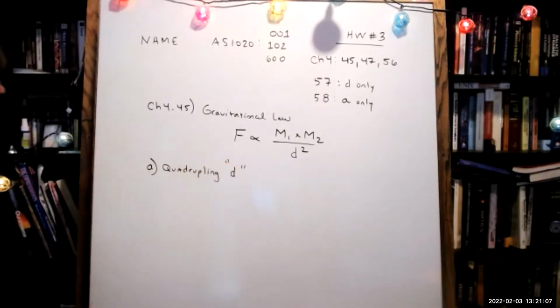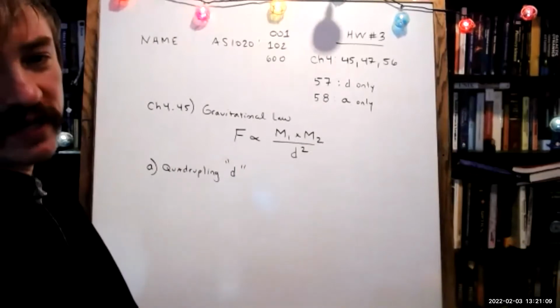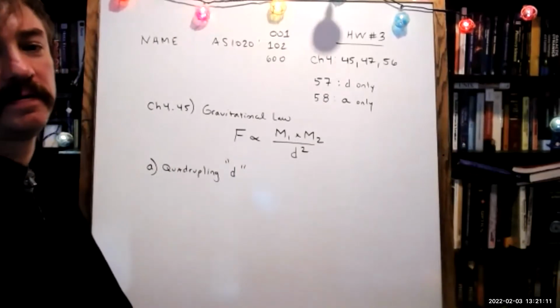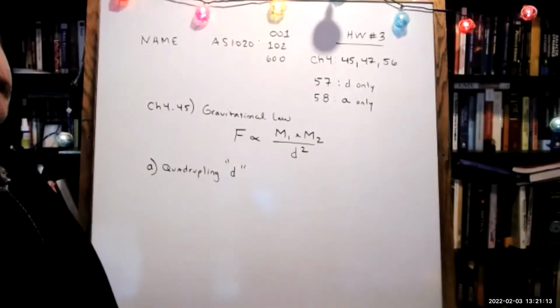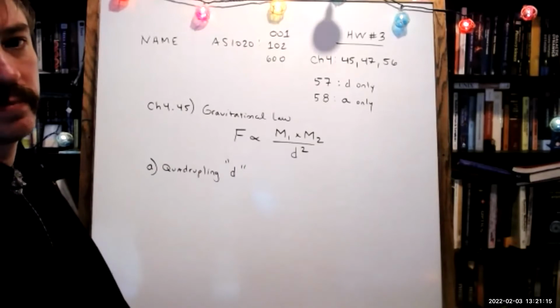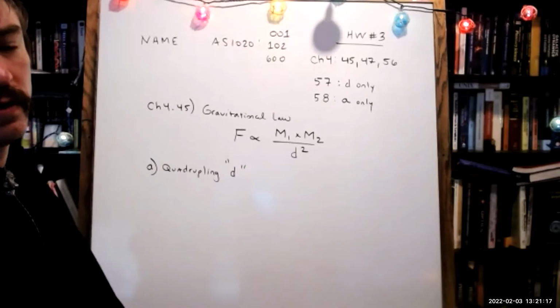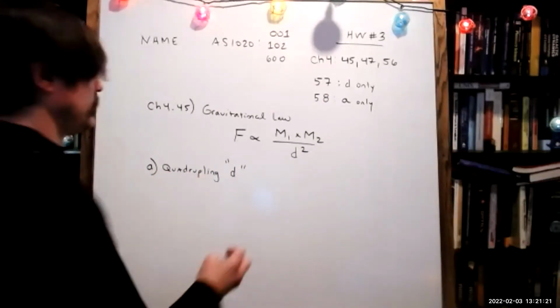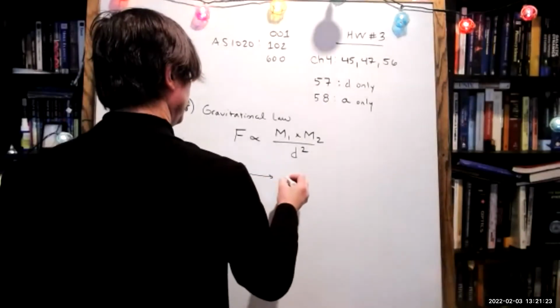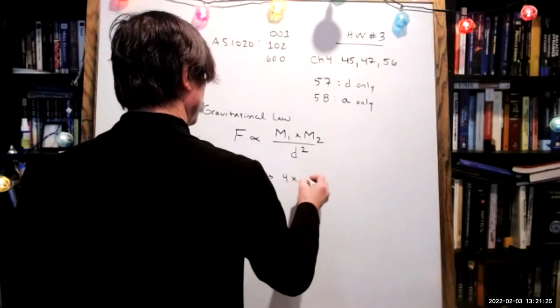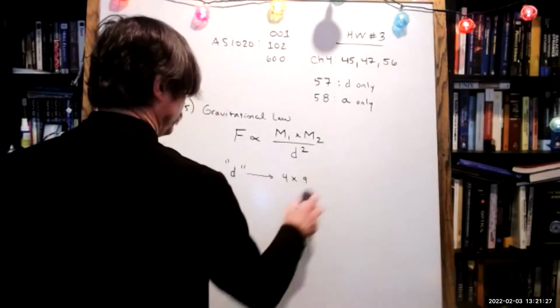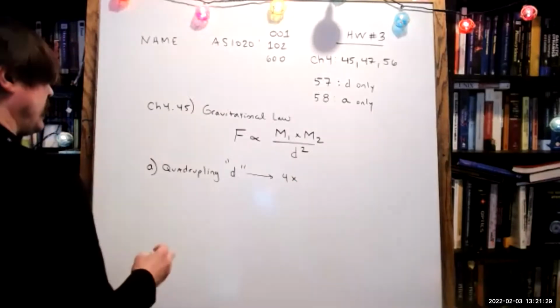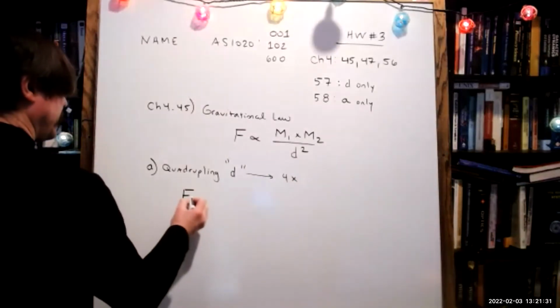Okay. So by what factor are we changing the distance? By 4. Right. So we're changing the distance to 4 times greater. So how do we write our proportionality law here?